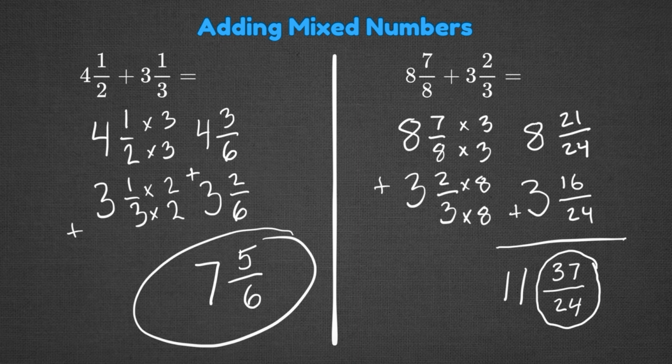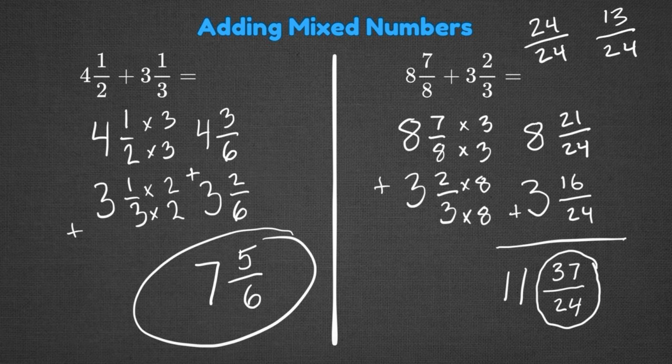I need to do a little simplifying because I have an improper fraction right here. So how do I deal with 37/24? Well, I want you to think of it a little bit like this. What I really have is 24/24, right? I have 37 of them, so I definitely have 24. How many do I have left over if I take 24 out of that 37? Well, I should have 13 left over.